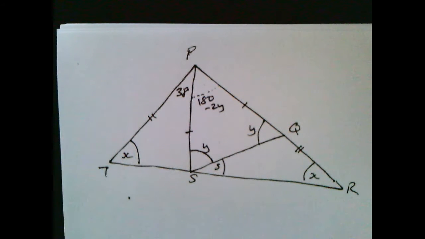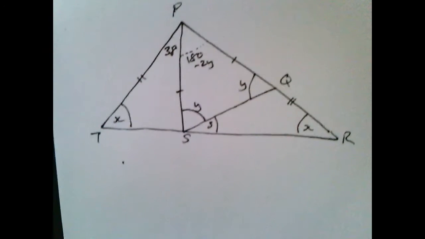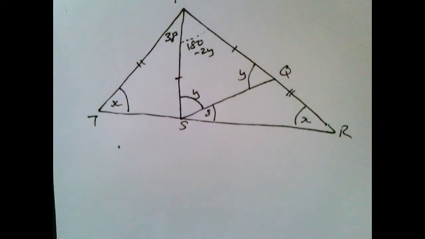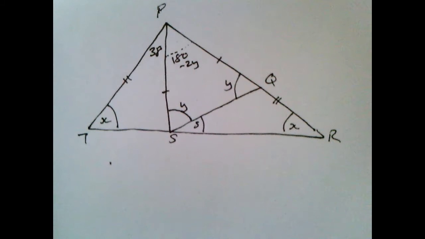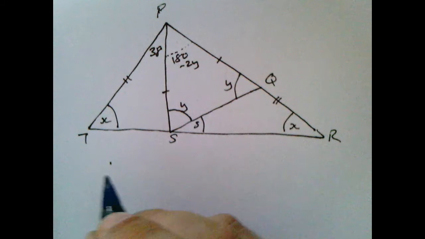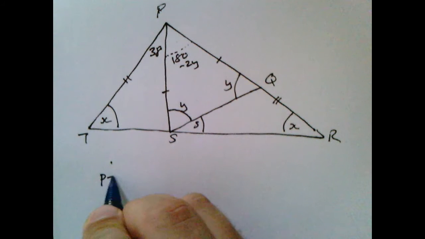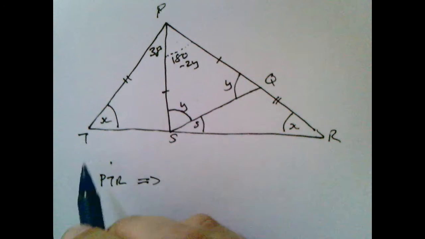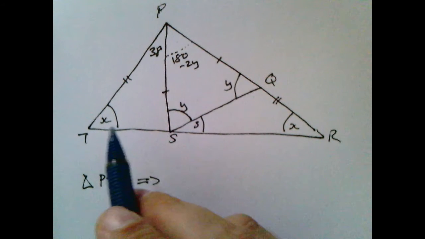Okay, there are different ways of doing this. I'm sure this is the way I first did it. If you've got a graceful or easier solution, do let me know. Always interested. If we have a look at the triangle PTR, all these angles are going to add up to 180.